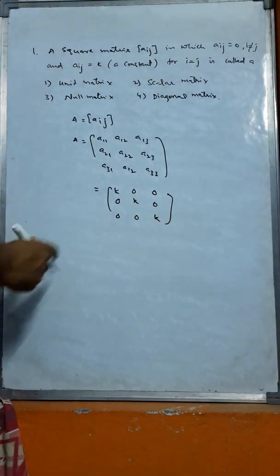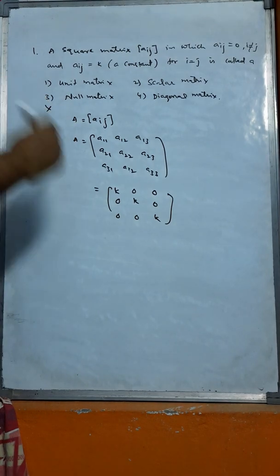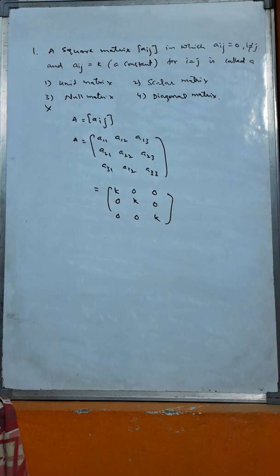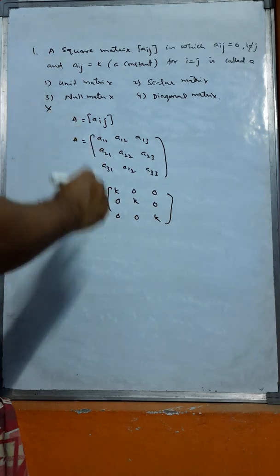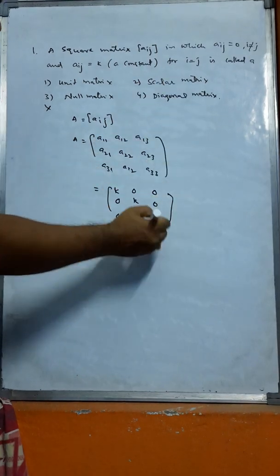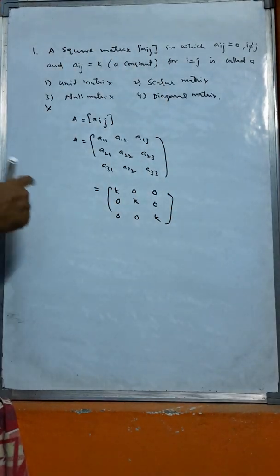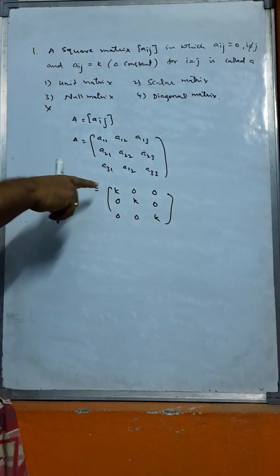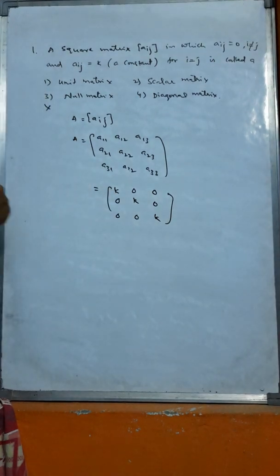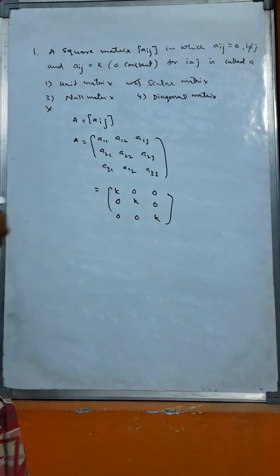So it is not a null matrix, it is a diagonal matrix, and also it is k, k, k. All are equal, so it is a scalar matrix, but k is not given as 1. If k equal to 1, it is a unit matrix, so it is a scalar matrix.